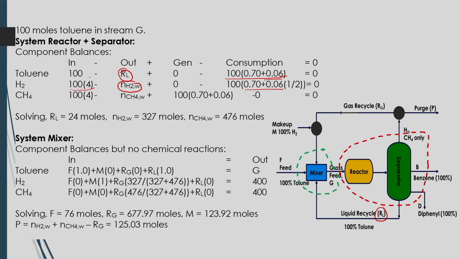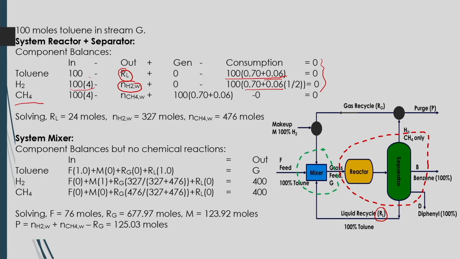So, that half mole of hydrogen required is considered as consumption there, and the total as per this equation will be equal to 0, because the accumulation term is 0.